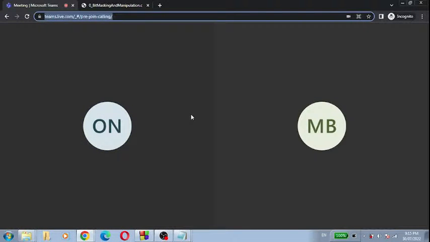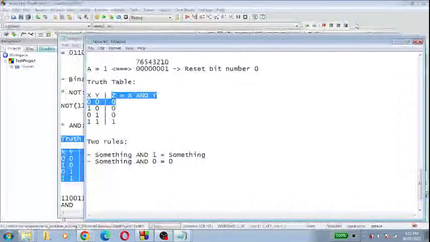I asked the name of the bit masking method. It is named that way because it masks all the bits except the bit we want to change. Is it correct? Yes, it's correct. You are correct. Your expression is correct. Okay, I have answered your question. Very good.